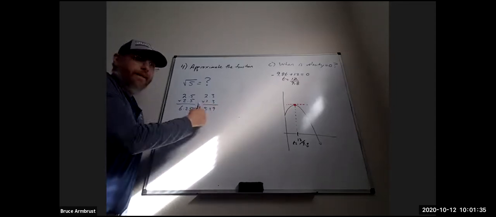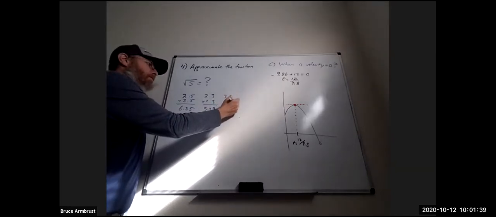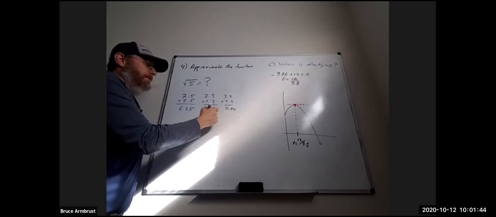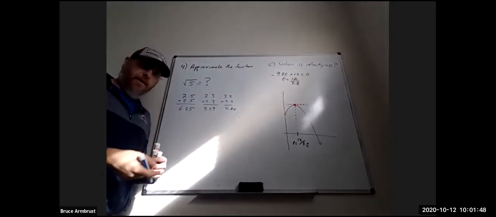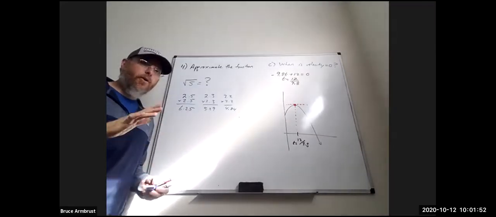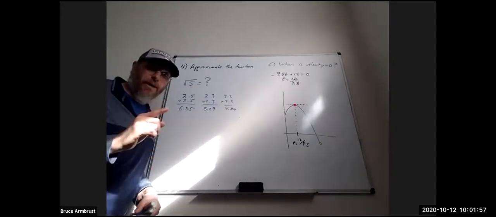That's still too big. So we go down to 2.2, and we get 4.84. So it's somewhere between 2.2 and 2.3, and we keep refining until we get closer and closer. So there's the old-fashioned way, using the intermediate value theorem, by the way.